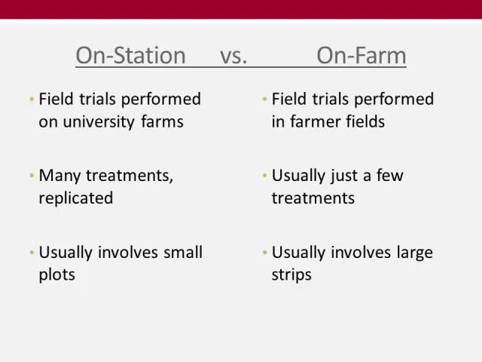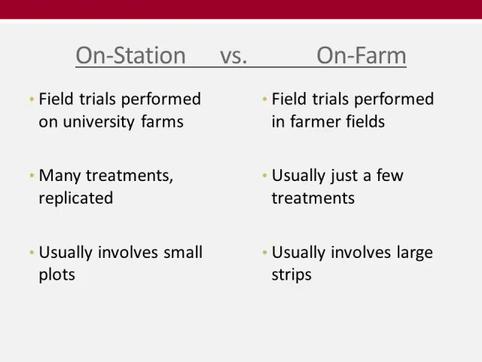On farm, however, of course we're doing this on private farms, usually with just a few treatments. The on-farm experiment that's doomed for failure is one that has many treatments and is complicated, because things inevitably get screwed up. So we need to think about simple questions and maybe just a handful of treatments.